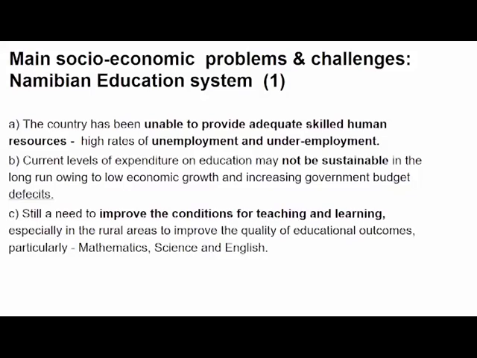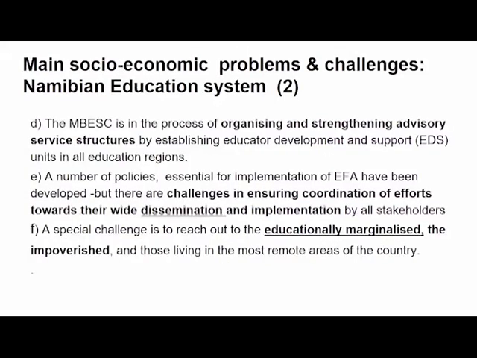In the third place, there is the need to improve the conditions for teaching and learning, especially, as we know, in our rural areas, and they're focusing on the quality of instruction in mathematics, science, and English. Furthermore, the ministry is still in the process of organizing and strengthening advisory service structures in all of the regions.